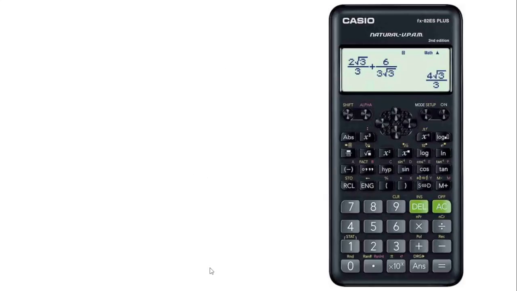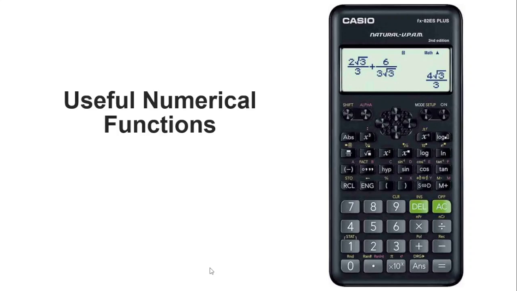So here I have an example of a calculator. A calculator has useful numerical functions, like the square root of x, x squared, x raised to a certain number, and x raised to 1 over y, or what we call the negatives.